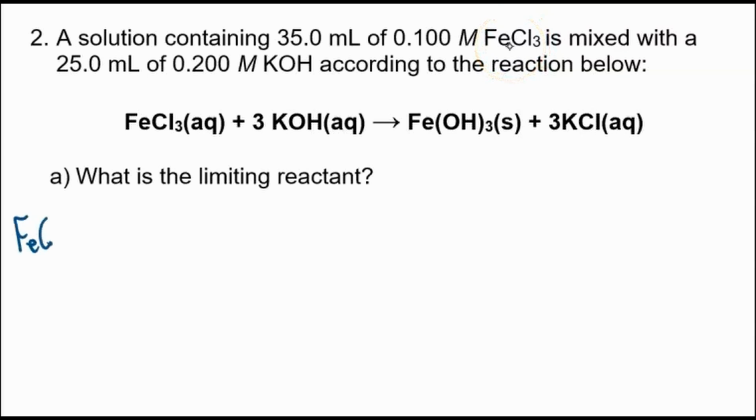So we'll start off with our FeCl3, and there's 35 mL. I'm just going to convert that to liters. Let me know if you're not sure how I did that, and I can put in the comments or make a video on that. But we have 0.0350 liters of FeCl3.